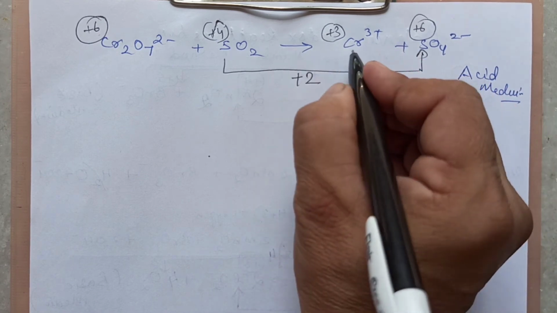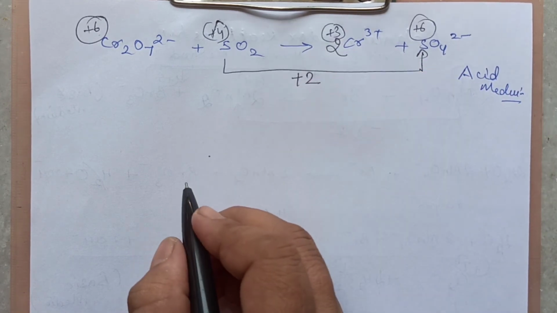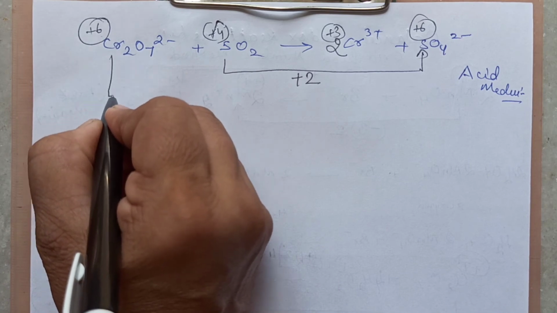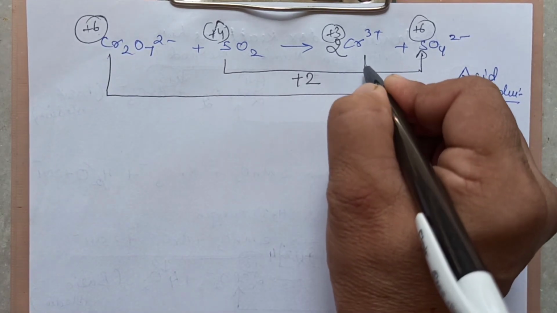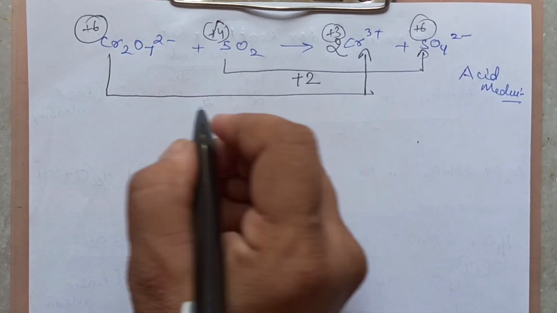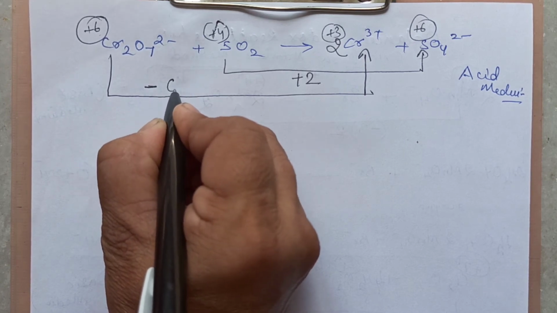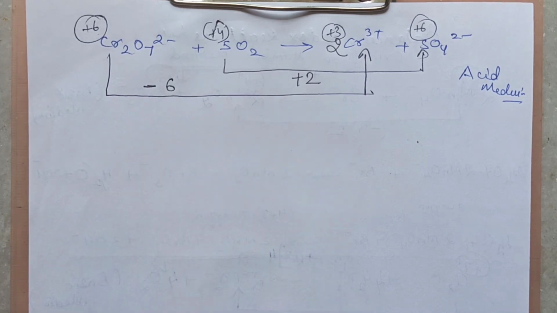So for 2 chromium, how much is the decrease? It is by 6. Did you follow that? Instead of multiplying earlier, I multiplied here, and then one more multiplication to make the increase equal to the decrease.